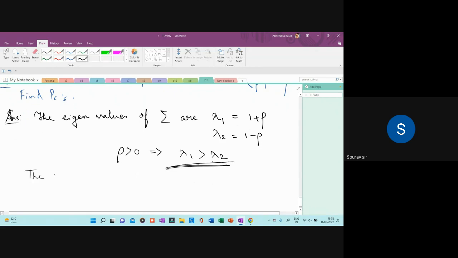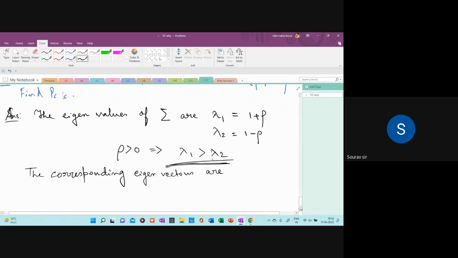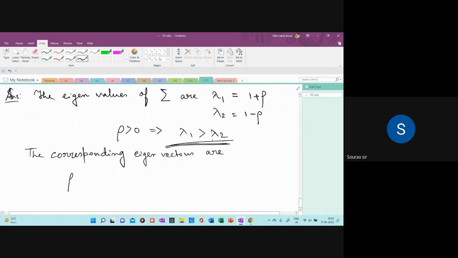The corresponding eigenvectors are: beta 1 curl, which is 1 by root 2 of (1, 1), and beta 2 curl is equal to 1 by root 2 of (1, minus 1).